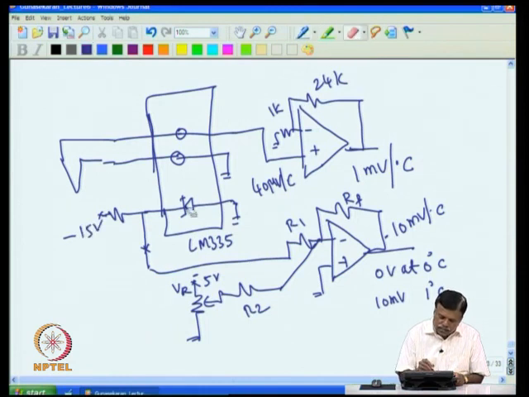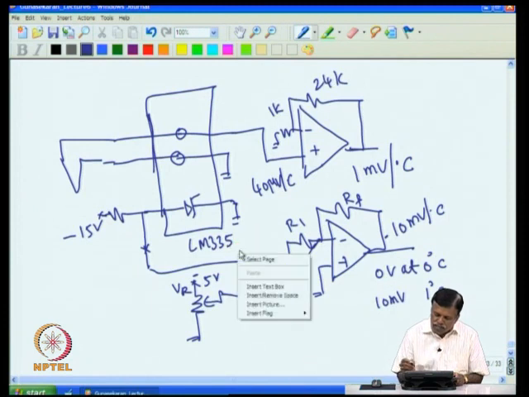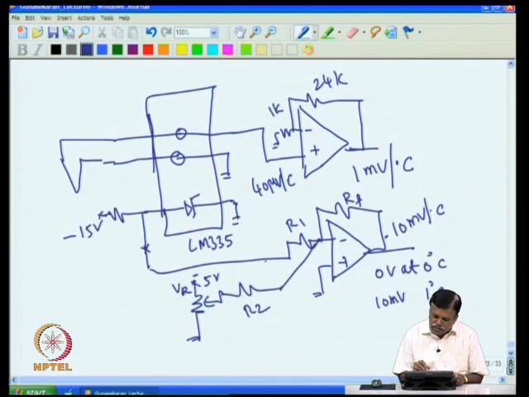Then I reverse this LM335, connecting it the opposite way, so that now I will get minus 2.73 at 0 degree C.